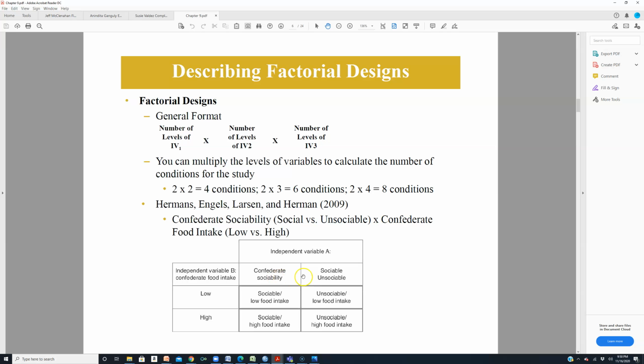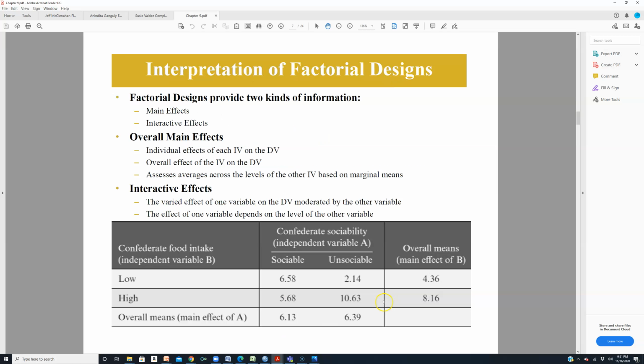The first independent variable was sociability, sociable compared to non-sociable. The second independent variable was food intake, low versus high. That resulted in a 2 by 2 design, which, when I multiply it together, creates a 4-cell matrix.